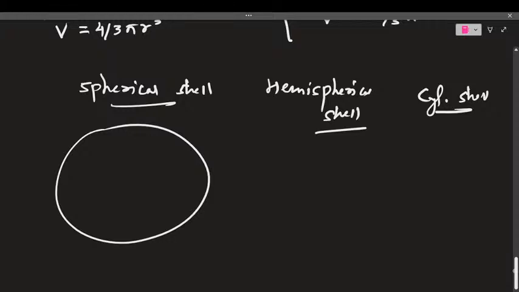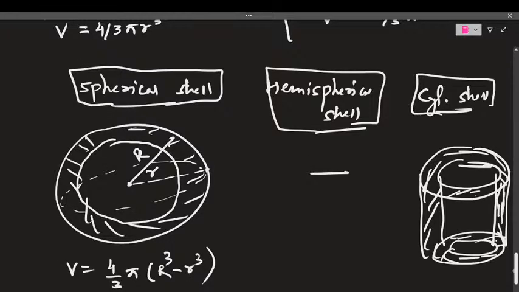Generally, pipes are hollow, so the volume of metal used to make such a pipe will be pi, capital R square minus small r square, into the height h. Same with a hemisphere: the volume will be 2 over 3 pi, capital R cube minus small r cube.